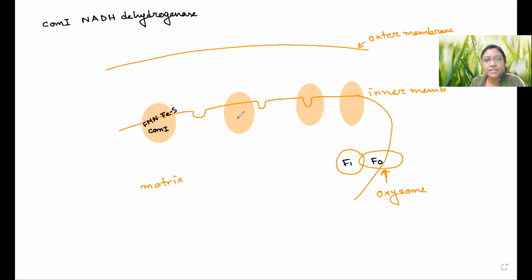So second one is complex 2. Okay, she requested me to write the full form of FAD, so I am writing flavin. Okay, you told me to write FMN, right? It is flavin mononucleotide.